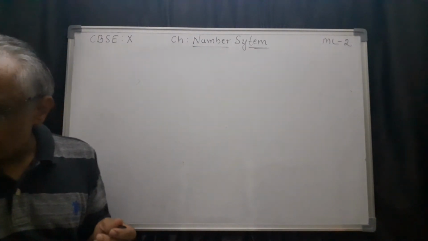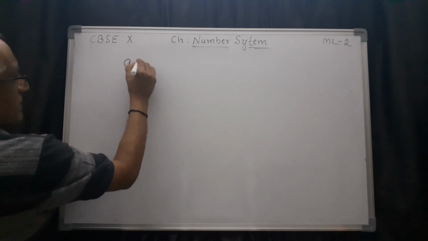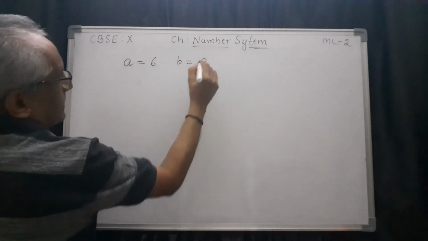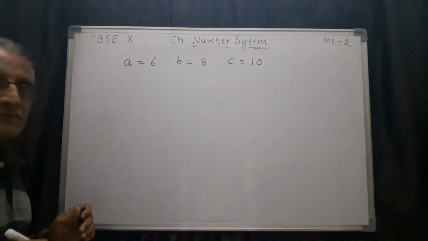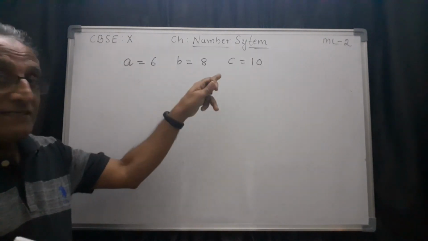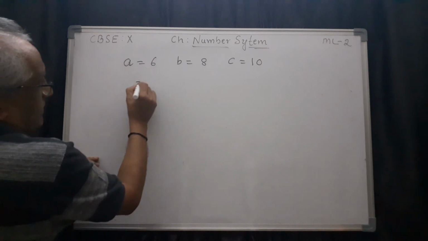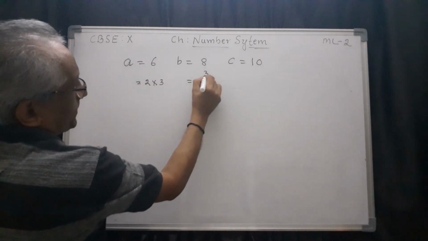Say for example, A equal to, let us take, with the more examples let me take in the next class, say 6, then B equal to say 8, say C equal to 10. Can I find HCF of these 3 numbers and LCM of these 3? Answer is yes. So this is 2 into 3. This is 2 cube actually.